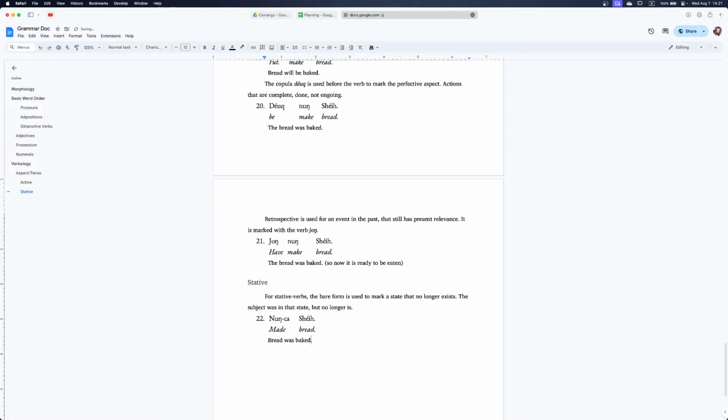Which would be a very weird sentence to hear. The bread was baked, but no longer is. Did it get unbaked somehow? No idea exactly how that would work.